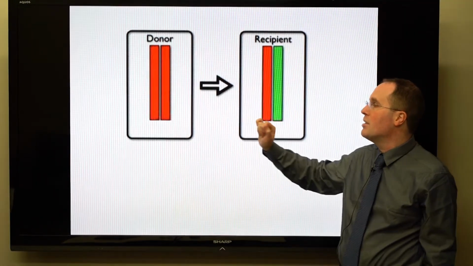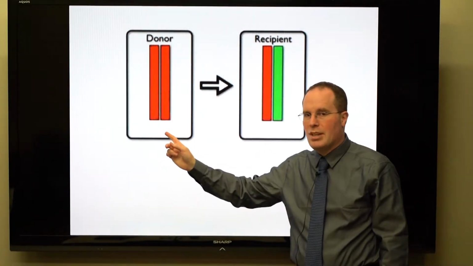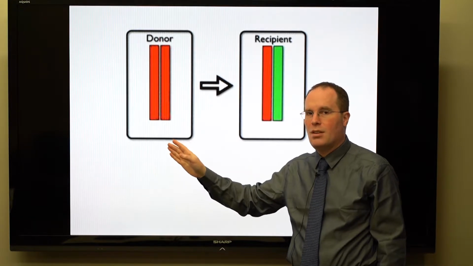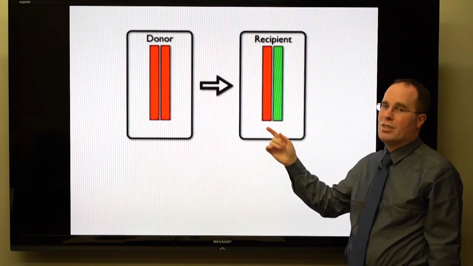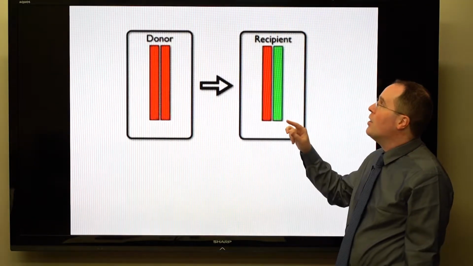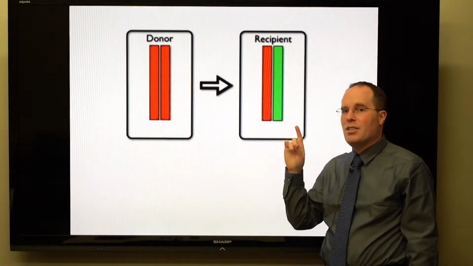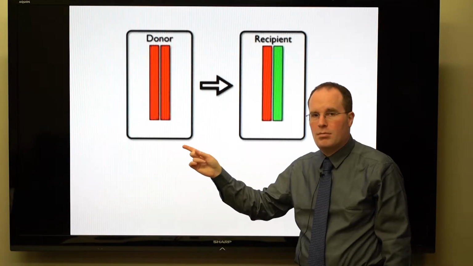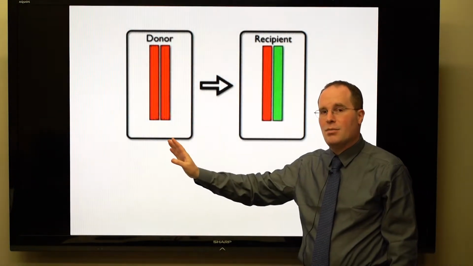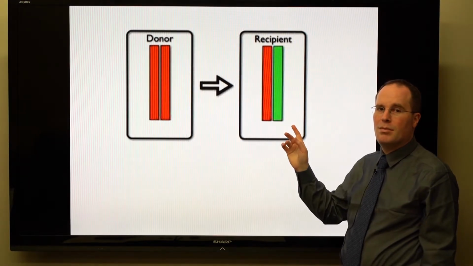But at this locus, the donor is homozygous for an antigen, and the recipient is heterozygous for that antigen. So said another way, the recipient has an antigen that the donor does not, but the donor does not have an antigen that the recipient does not.